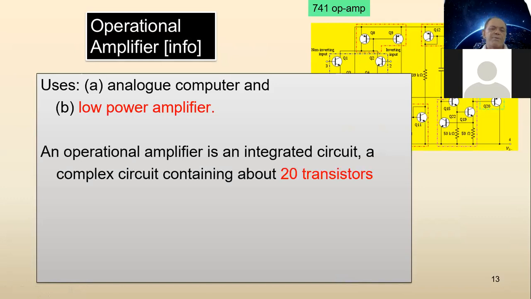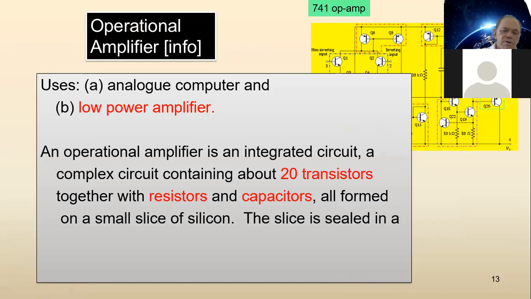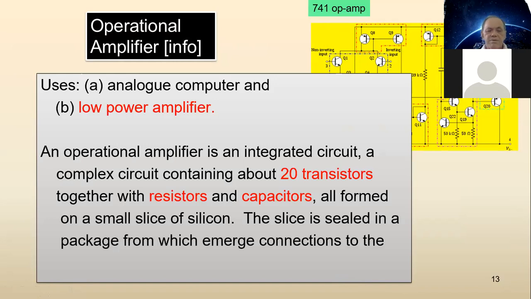So basically, an operational amplifier is an integrated circuit, a complex circuit containing about 20 transistors together with resistors and capacitors, all formed on a small slice of silicon. The slice is sealed in a package from which the connections emerge to the external circuit. It's the engineer who designs it. Depending on what they want, they design for purpose.